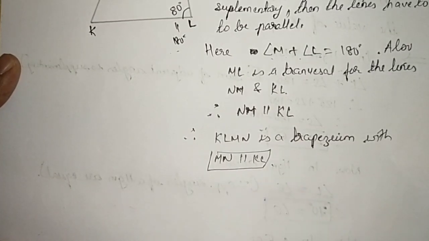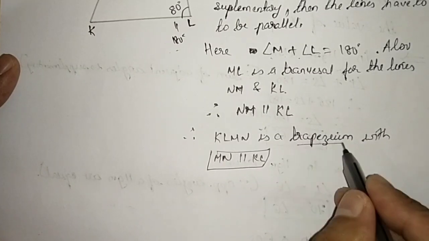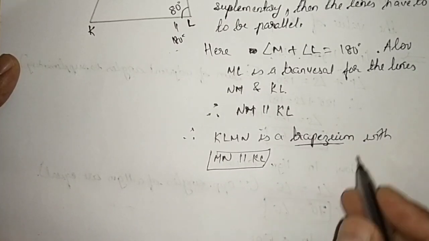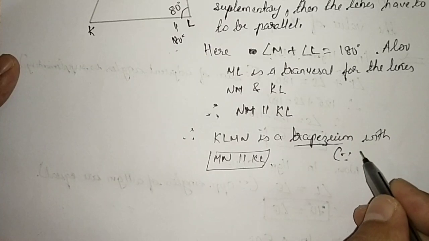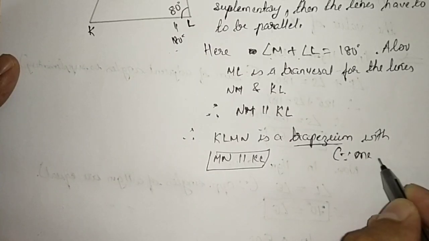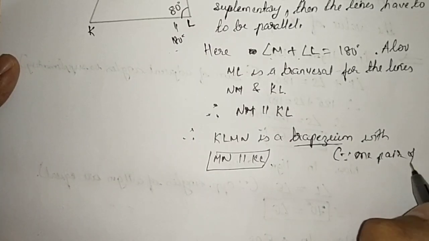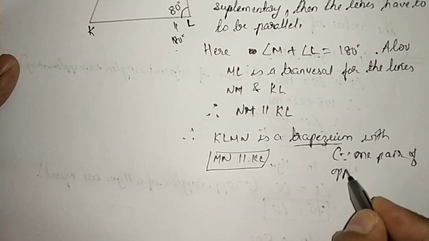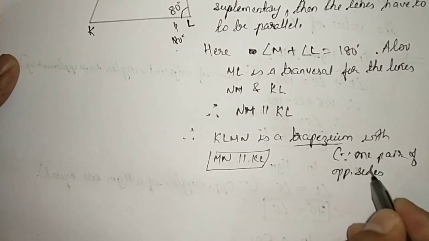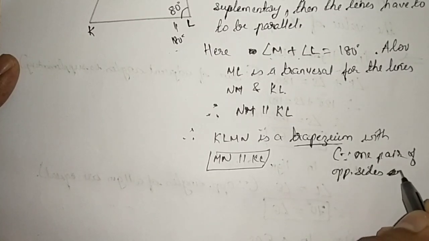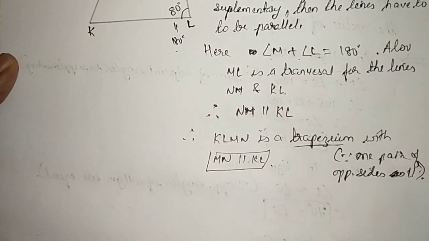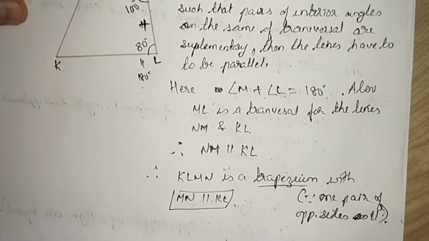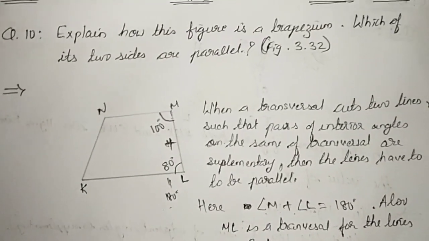So these are the two parallel lines, and we have proved that it is a trapezium. Why? Because one pair of opposite sides is parallel, right? Hope you have understood this question.